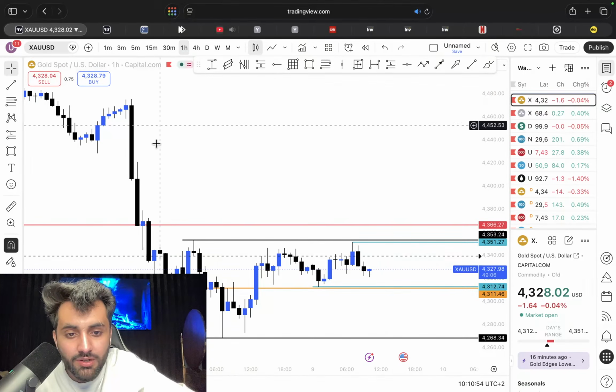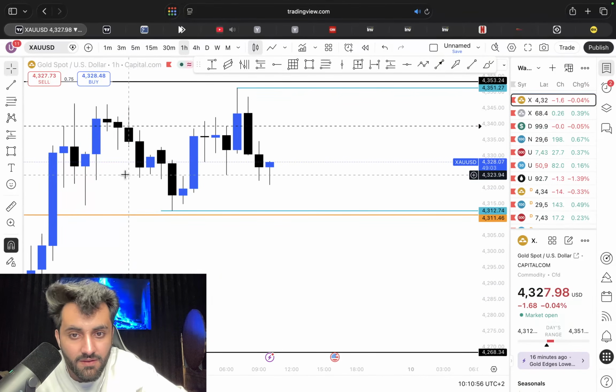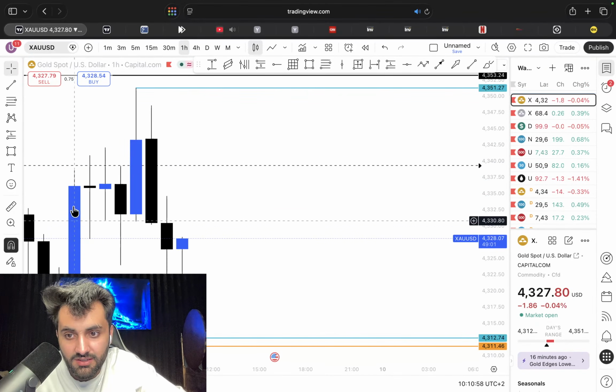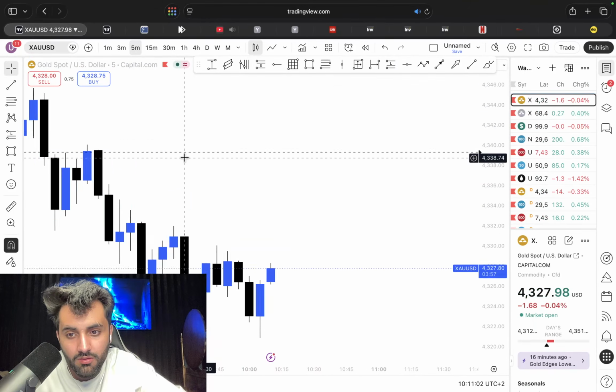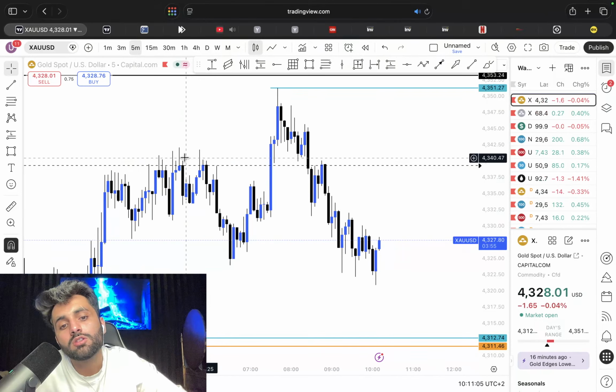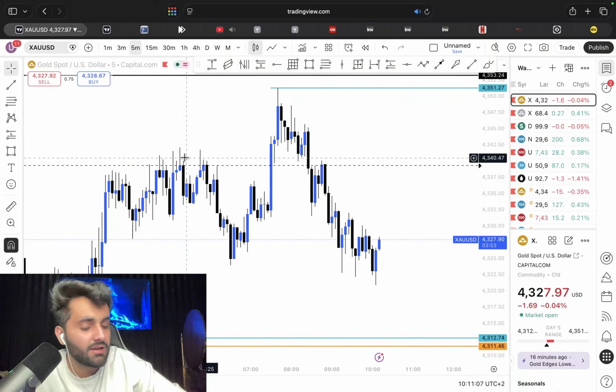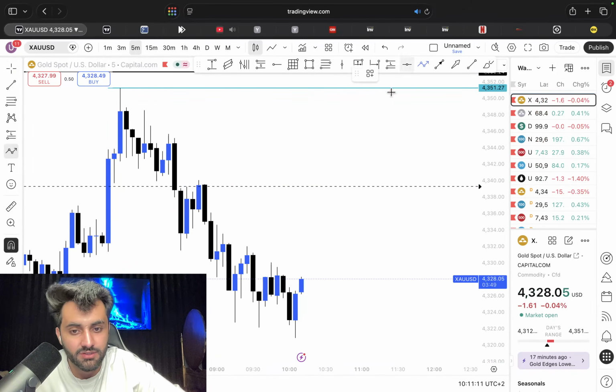So there was a liquidity sweep down here, right? We swept this low, we swept this low. In this case, if my bias was strongly bullish, we could have taken the trade as soon as we shifted structure here, because we're about to shift structure, right?